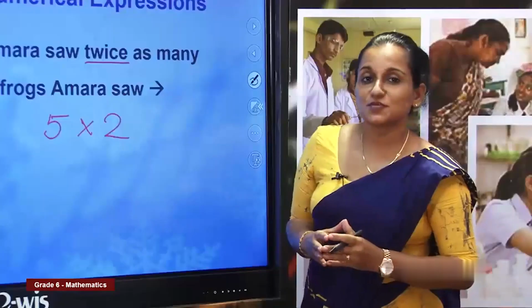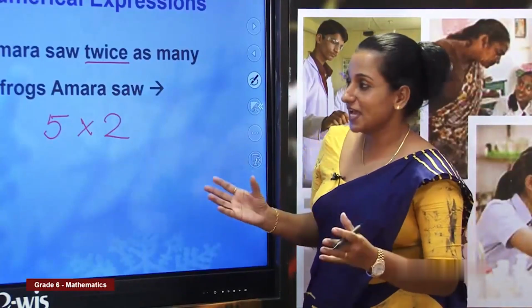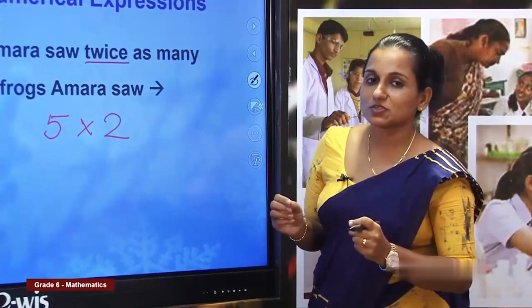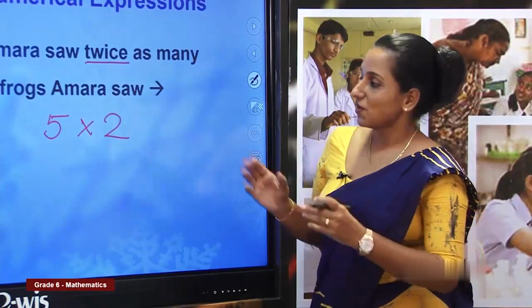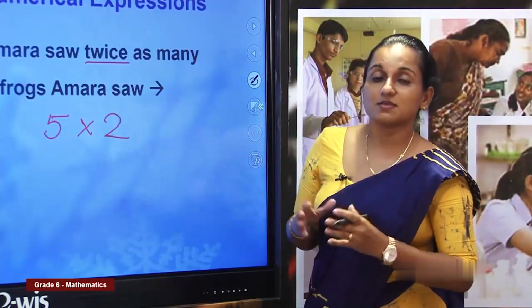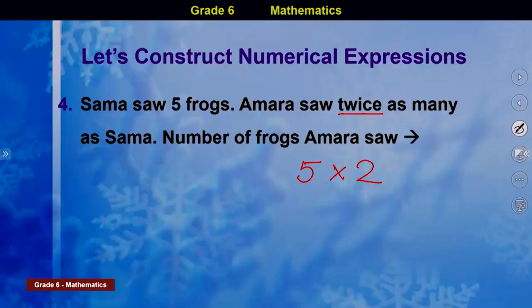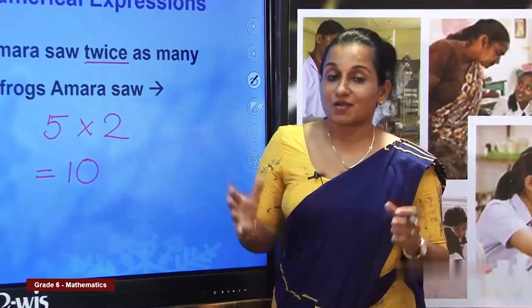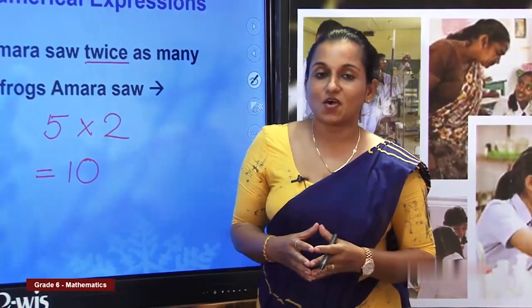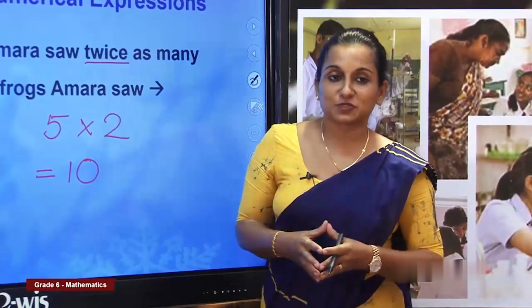This is a numerical expression. We can simplify it further. Then we get 5 times 2 is 10. Amara saw 10 frogs. Okay, I hope you got the idea of numerical expression.